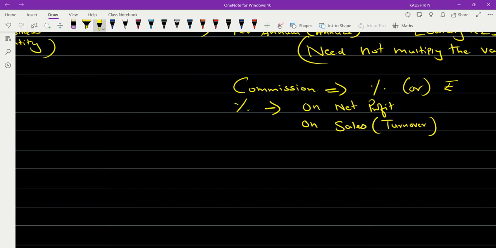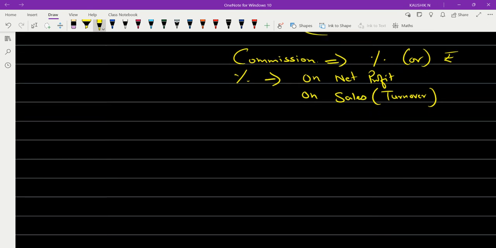Rupees is not going to create any trouble for us, but percentage can, because we have to ensure whether we calculate the percentage on the net profit or on the sales, otherwise called turnover. Again, in this we have one more subdivision.